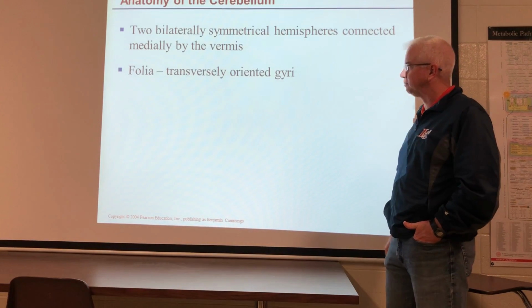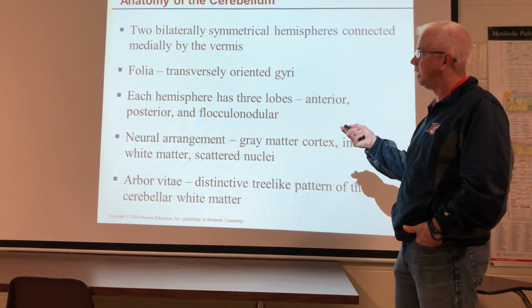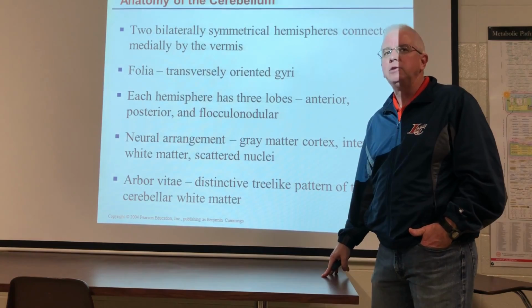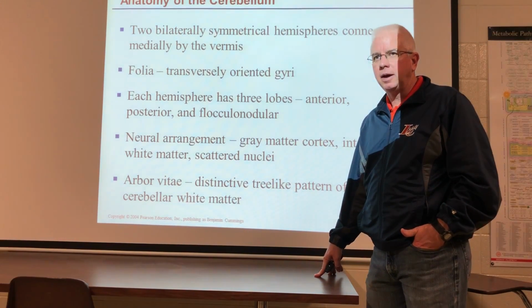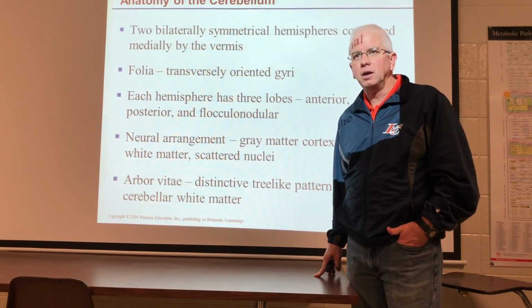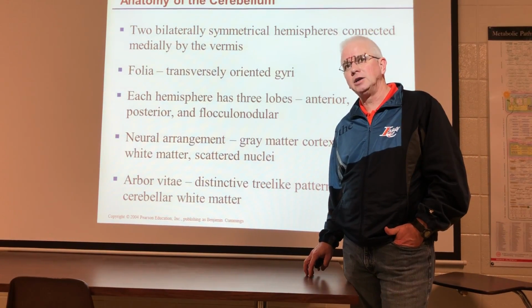Okay, the anatomy. There are two bilaterally symmetrical hemispheres connected medially by the vermis. The last time you saw the vermis, we were talking about the dural septa, and I told you that the falx cerebelli travels along this midsection of the cerebellum.